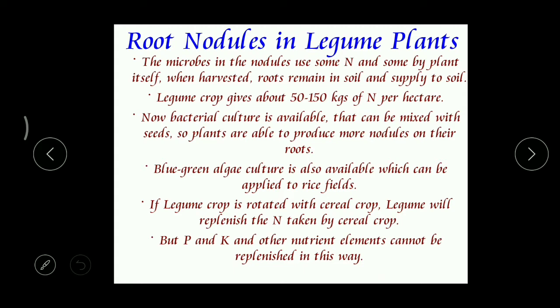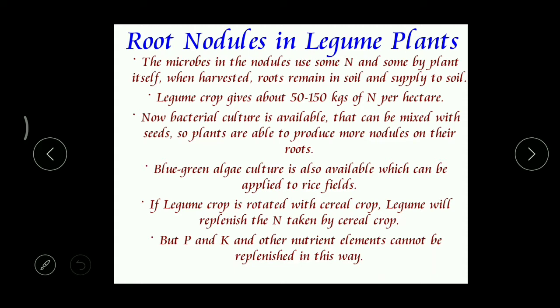So whenever we are growing these legume plants, the rhizobium uses some nitrogen, and the legume plant we are growing, like beans or peas or groundnut, also uses some amount of nitrogen.